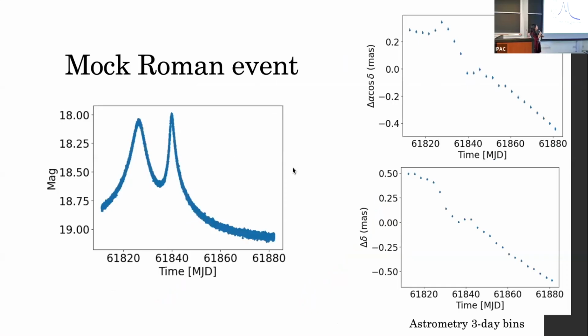And to get a sense, here's a mock Roman event zoomed in on the actual signal, with the binned astrometry, with typical sorts of error bars that you would fit to get out things like semi-major axis and mass ratio.